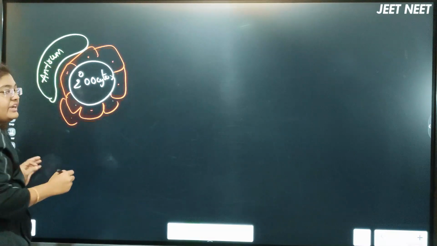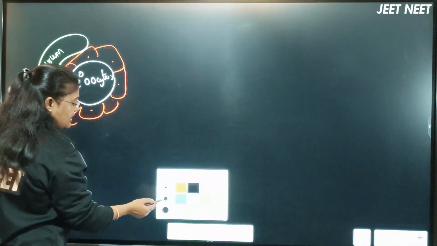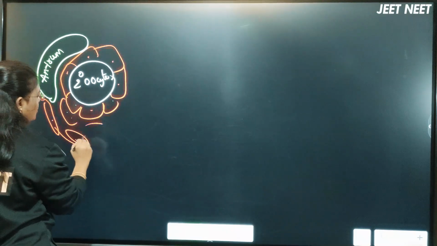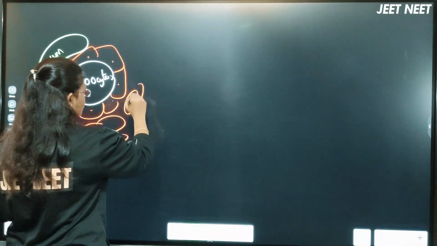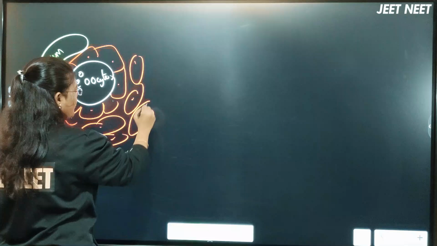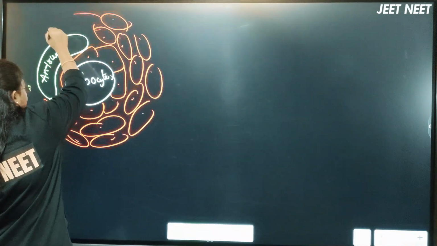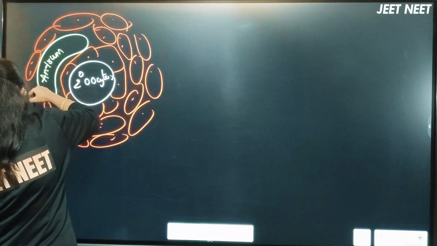Antrum is a fluid-filled cavity, and this is also surrounded by granulosa cells. I'm not drawing everything here, you can understand this point. All these are granulosa cells.